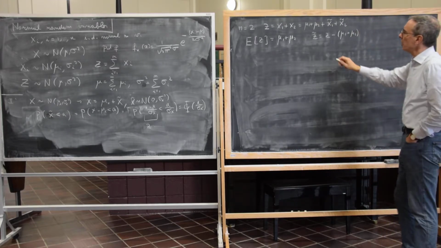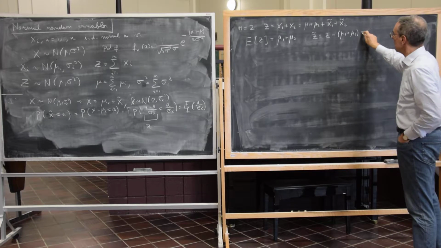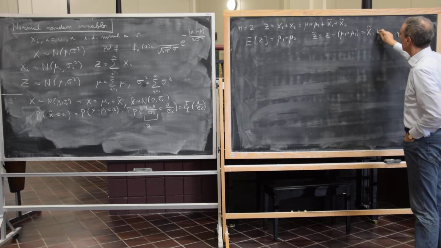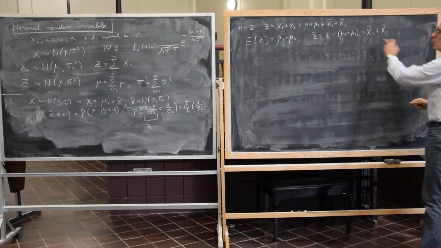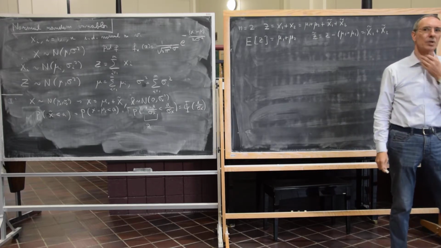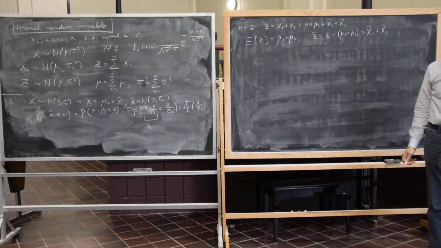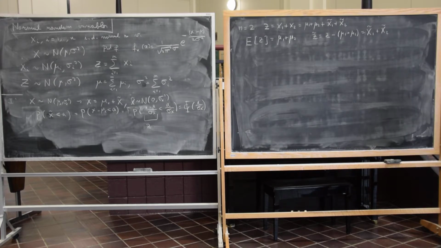I want to show that if I take two normally distributed random variables with zero mean, the sum is another normally distributed random variable with zero mean, and the variance is the sum of the variances.